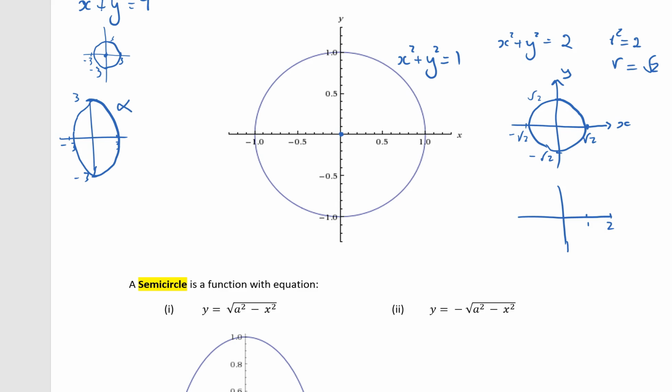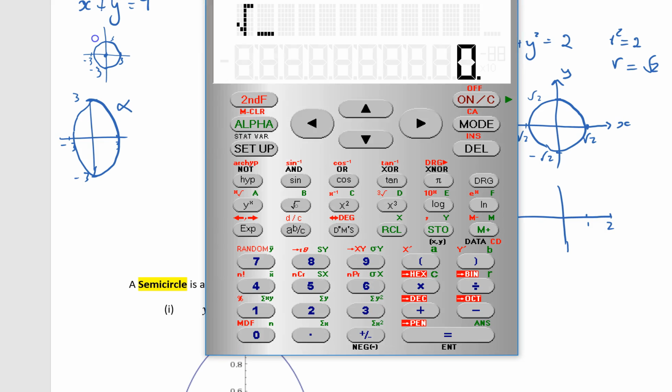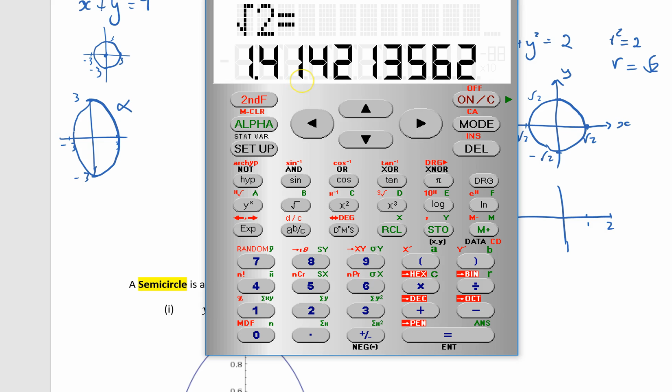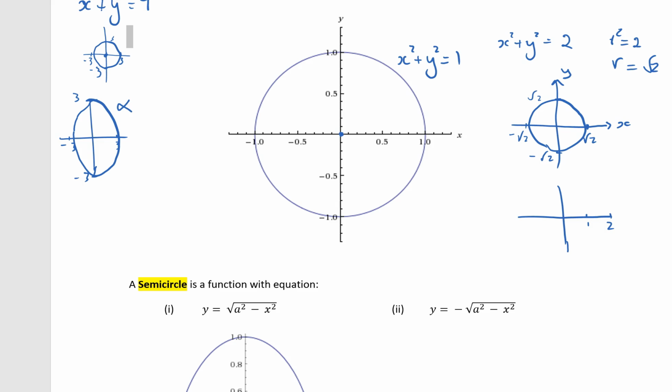If you're unsure about where the square root of 2 is, take your calculator, do square root 2 equals, and it's approximately 1.4. So we would be estimating about halfway between here. And again, we don't call it 1.4, as we saw on the calculator. We keep it square root 2.